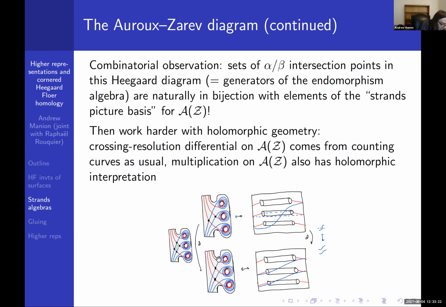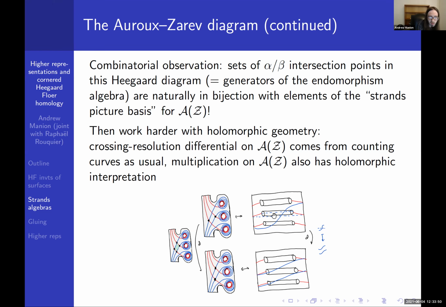That means this red arc intersects deeper and deeper with the wrapped blue arc, okay? And then the example I wanted to draw was this particular one, so I guess you'll have to take on faith that there is some natural combinatorial correspondence here. This is contained in Aru's theorem: this Heegaard Floer generator would be a generator a priori of the endomorphism algebra.